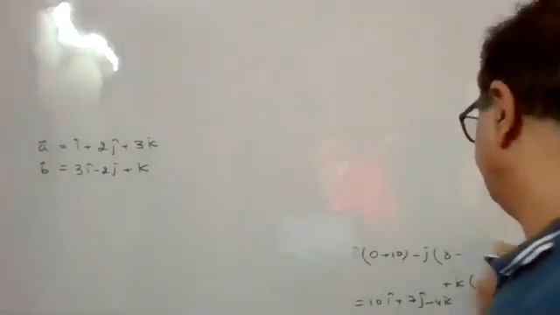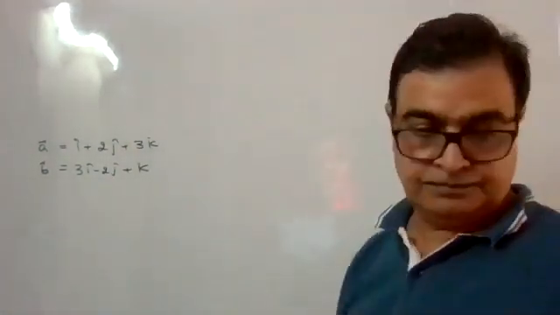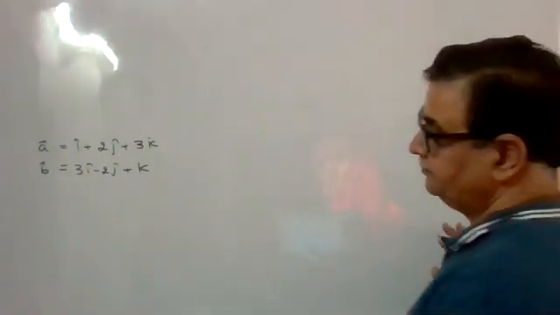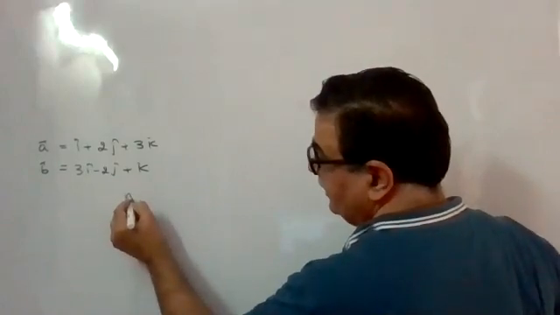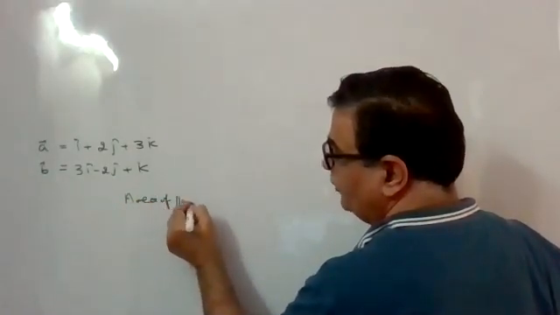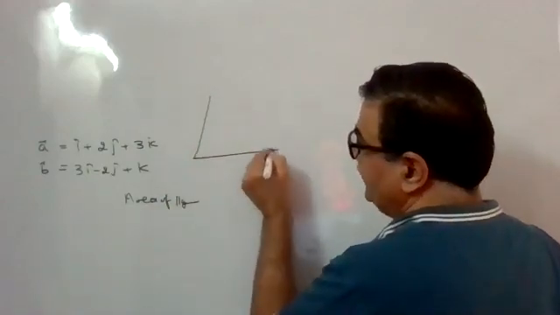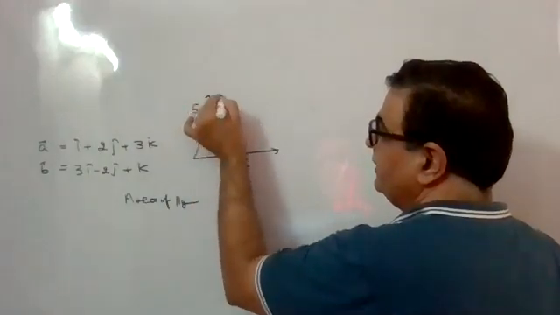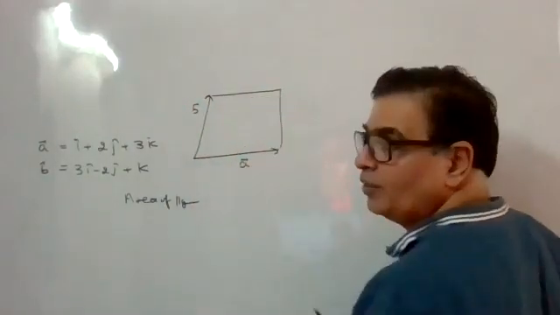Yes, how to do it? The magnitude of A cross B. Yes. Area of parallelogram. We have already done area of parallelogram determined by two vectors A and B. This vector A is given to you. This is the B vector and it is constructing a parallelogram.